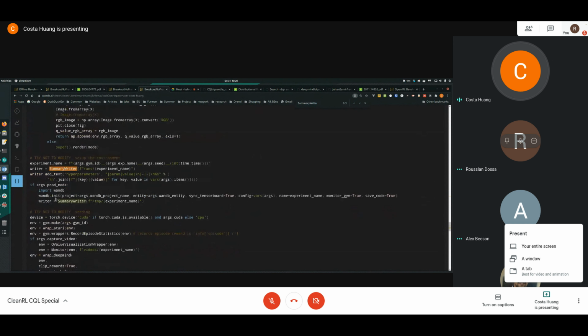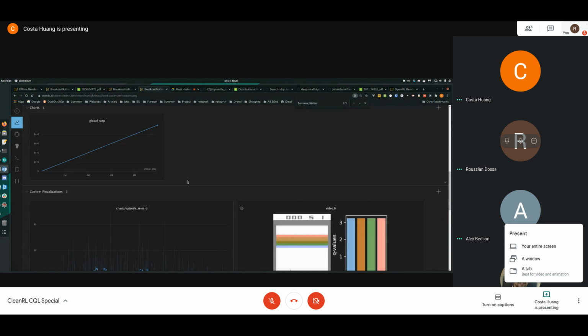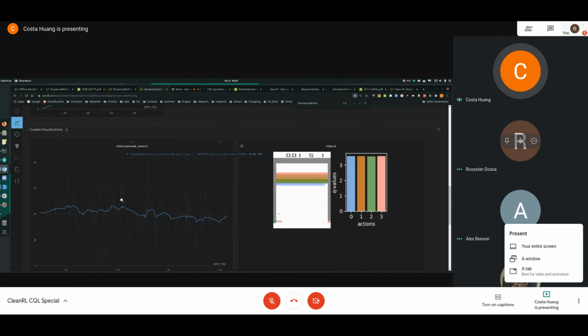This is all the code that I need to initialize the Weights & Biases project and replace the writer. And then I get this thing that I can look into. I can go to this address on my phone. I can check out the videos of the agents playing the game if I use a monitor wrapper.